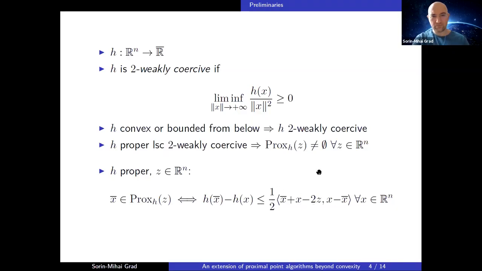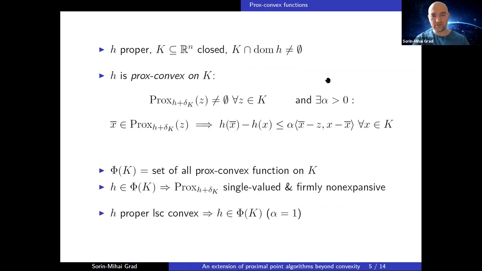So on the next slide, I will introduce the prox-convex functions, how we define them. We take a proper function h and a closed set K in R^n, such that this set intersects the domain of the function. Of course, later we took K to be also convex, but for the moment not necessarily.